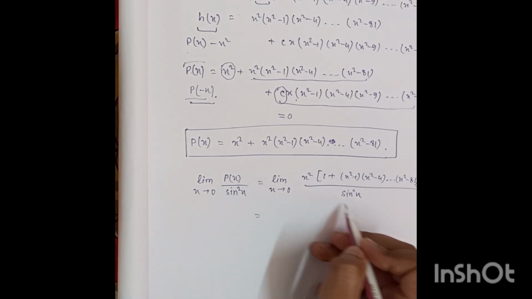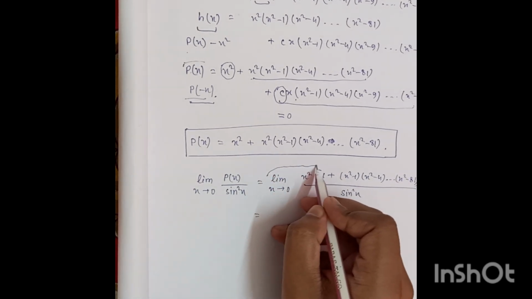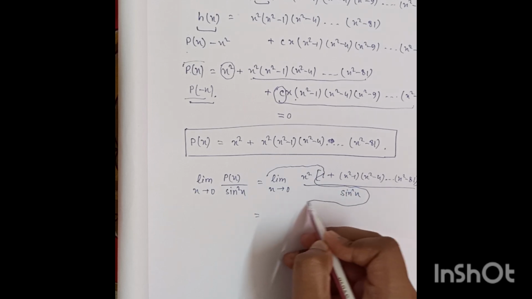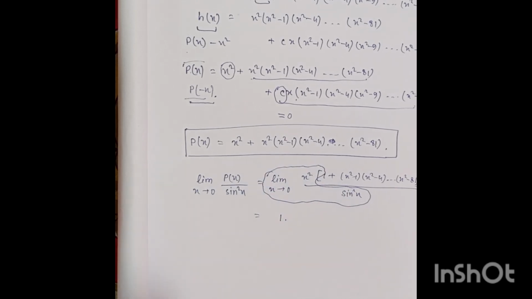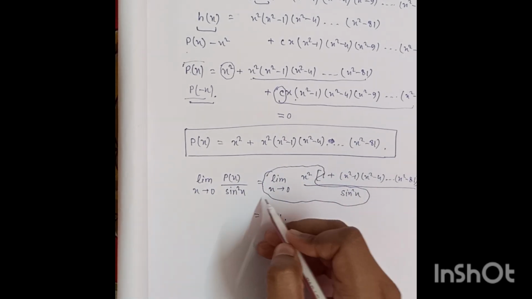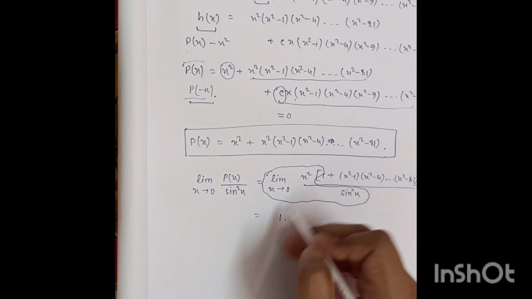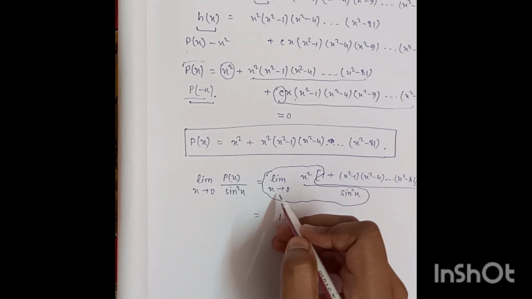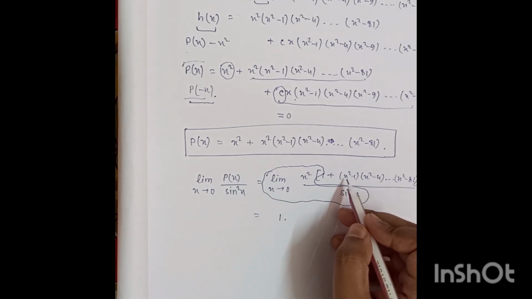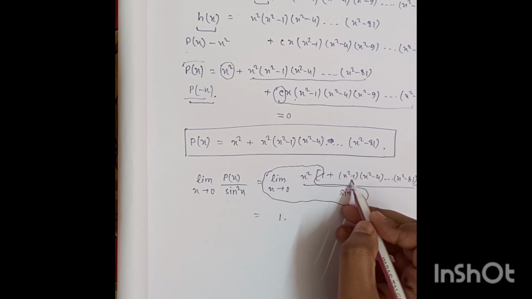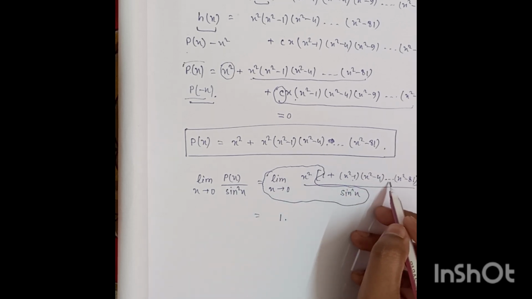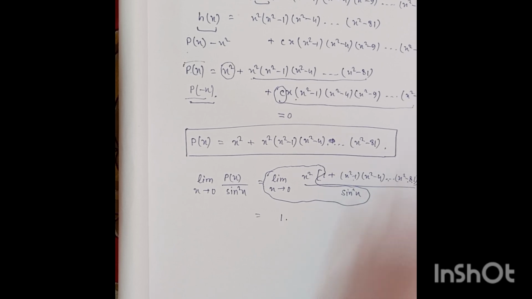Now we see that as x tends to 0, this term will be 1, and if we put x equal to 0 here, this term will become minus 1 times minus 4 times minus 9 times so on up to minus 81.